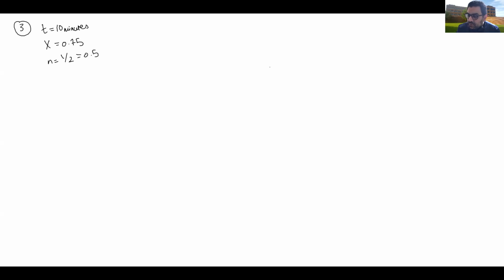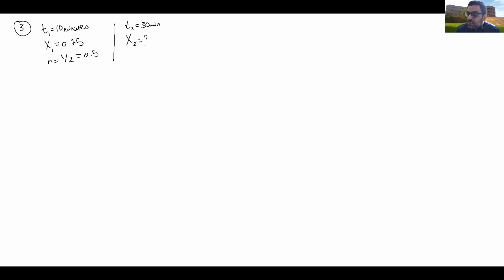You're being told, what would be the fraction converted in a half-hour run? So let's write this as x1 and t1. If t2 is 30 minutes, x2 equals what?